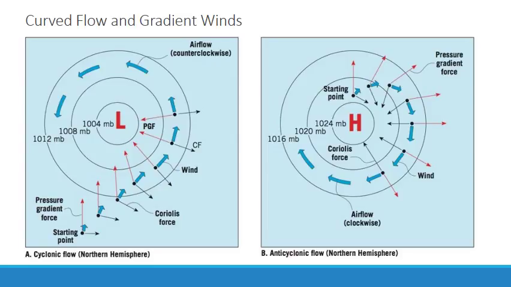So consider the forces that produce the gradient flow associated with cyclonic and anticyclonic circulation. Wherever the flow is curved, a force has deflected the air or changed its direction, even when no change in speed results.